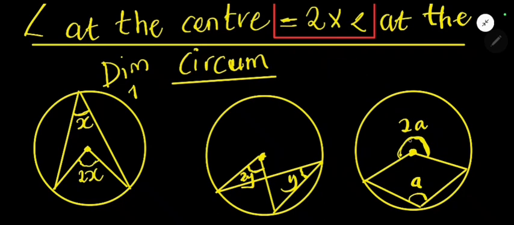Inside, outside, inside. Okay, so what can we conclude? We can simply conclude that for the angle at the center, you should check your shape, especially for dimension 1 and dimension 2. The angle at the center has to be outside your shape.